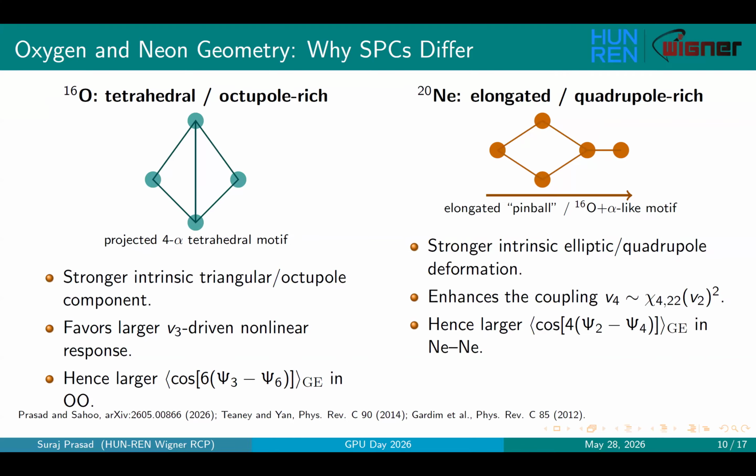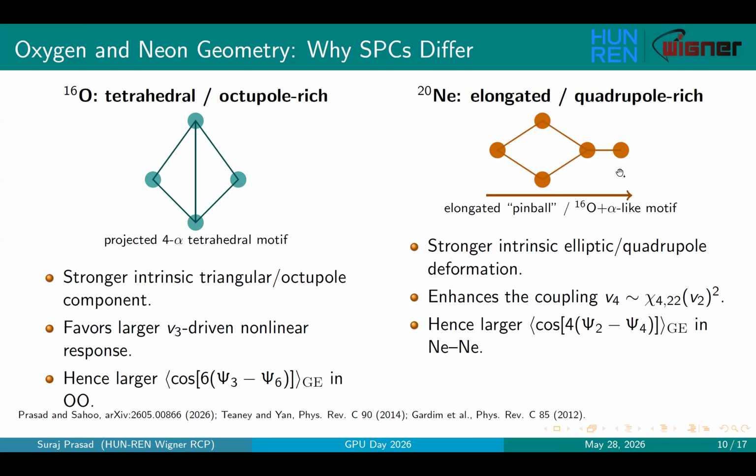For the oxygen, we see that they are kind of 4 alpha particles clustered together in a tetrahedral shape. If we put another alpha particle, they kind of look like a pinball, and neon is structured like that.